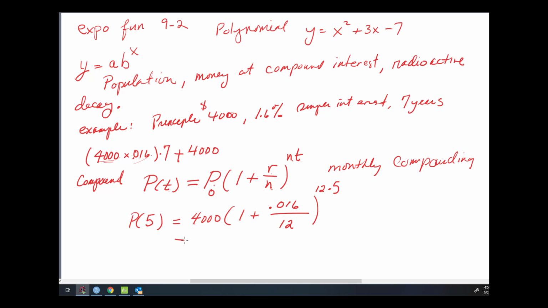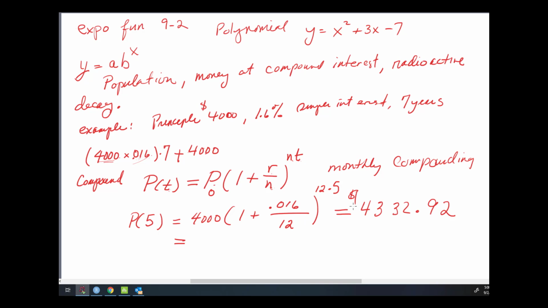All right, and if anyone's interested, we can get a calculator and pretty easily find out what that amounts to, and I will do it just because it's fun. 4,000, and then that would be times 1 plus 0.016 divided by 12, and then raise that to the power 12 times 5, which would just be 60, and at the end of 5 years, my money would be worth 4,332.92 to round it to the penny.